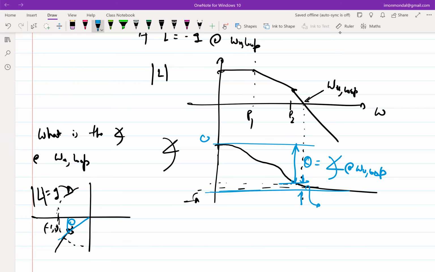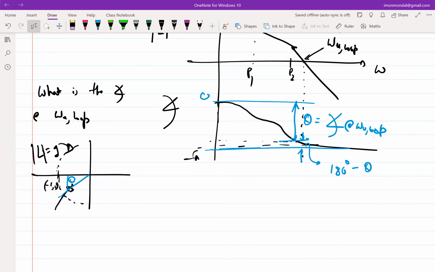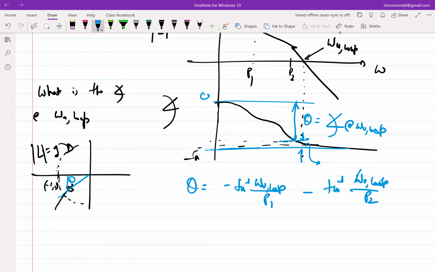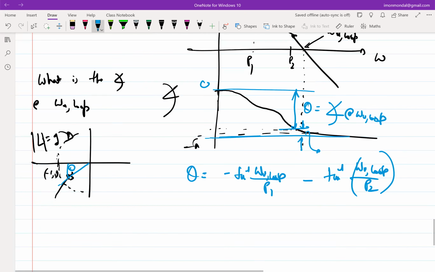So essentially, the margin that I have is 180 degree minus theta, the way I have drawn it, but ultimately you have to take care of negative signs and all. In a second order system, theta is equal to minus tan inverse omega u loop by P1 minus tan inverse omega u loop by P2, right? So these are all negative.